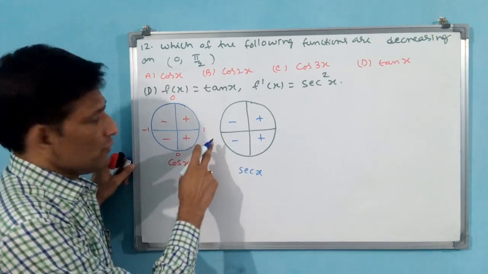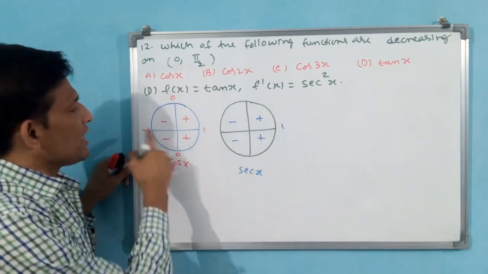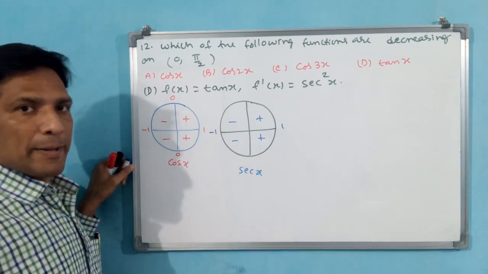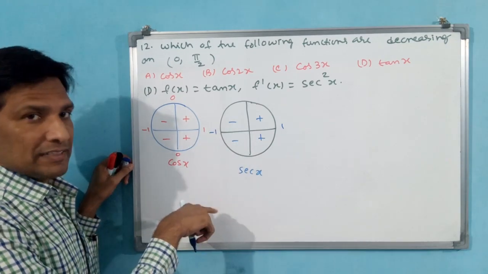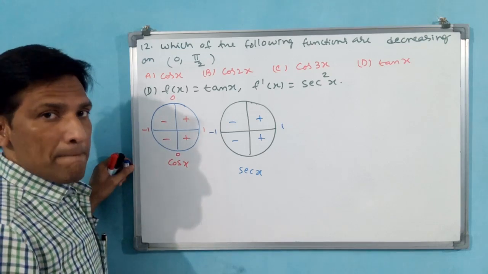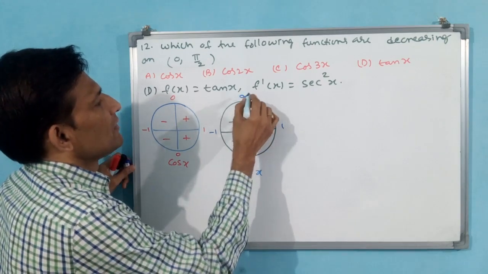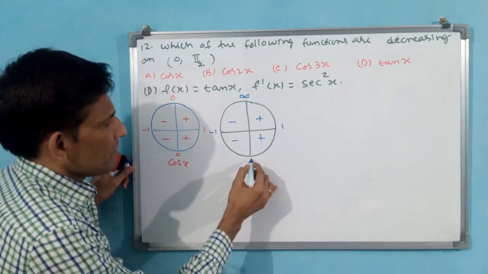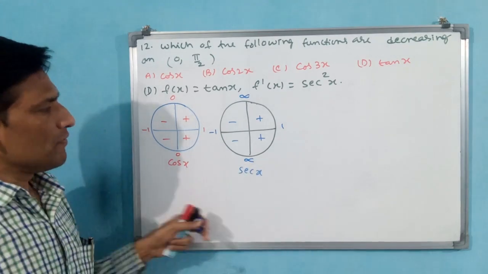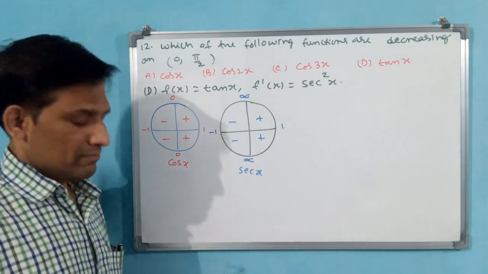But the values may change. 1 divided by 1 is 1. 1 divided by minus 1 is minus 1. Secant x is 1 by cos x. 1 divided by 0 is infinity. 1 divided by 0 is infinity. Is it okay? In secant x, infinity will come.